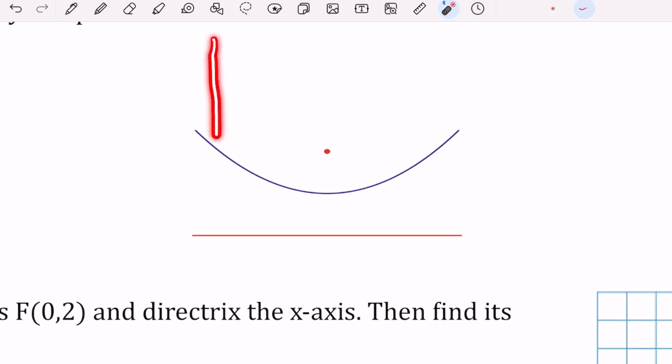if any ray that goes into the parabola that is perpendicular to the directrix will reflect into the focus.